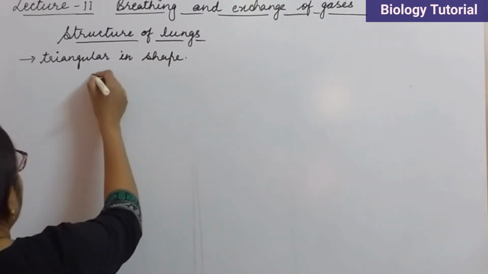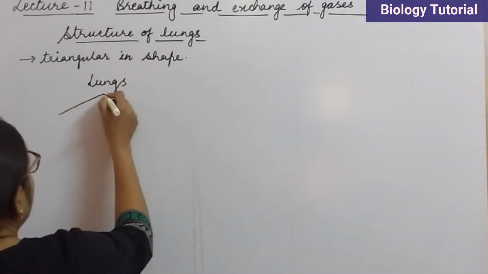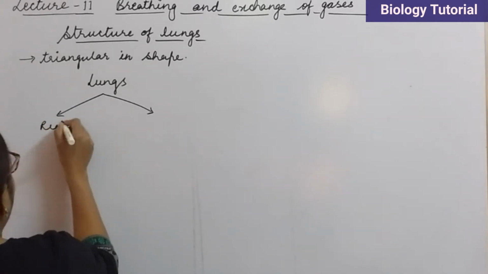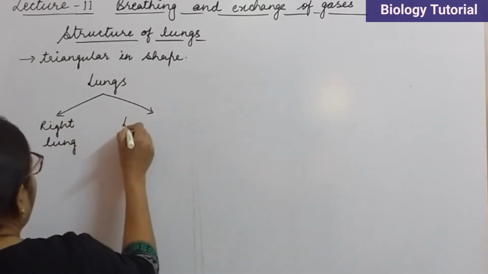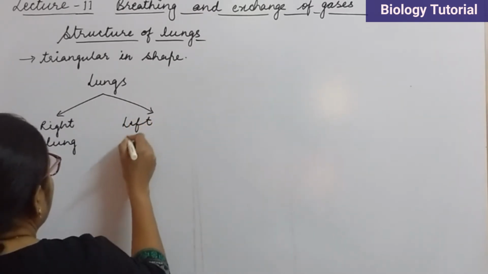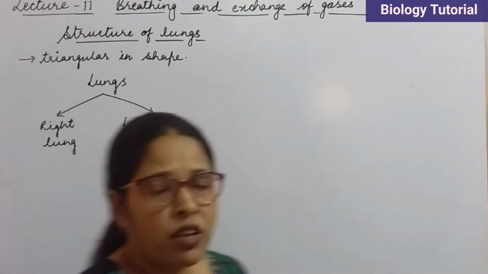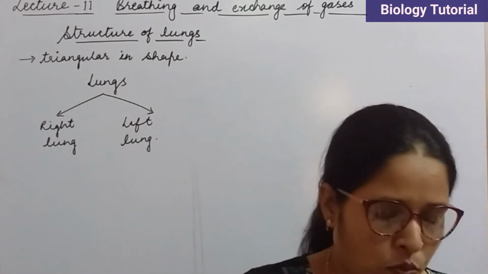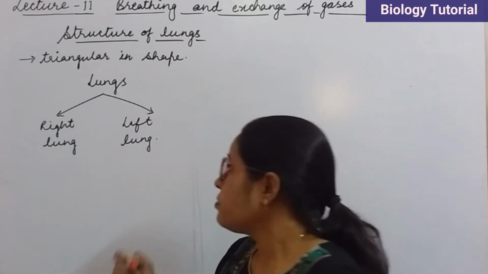So here are the two lungs, the right lung and the left one. Clear? So here we are going to discuss the difference between right and left lung, because both of these lungs are different from each other.